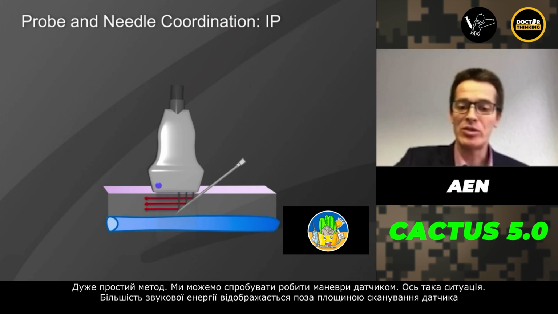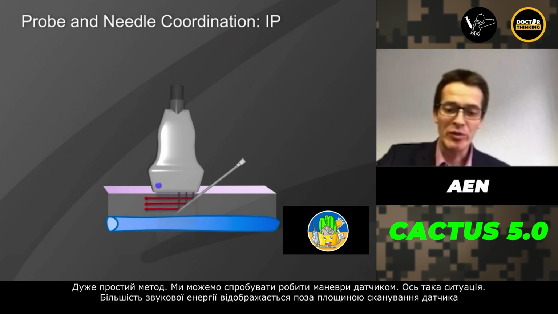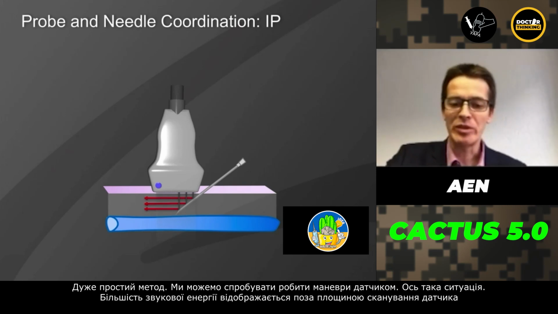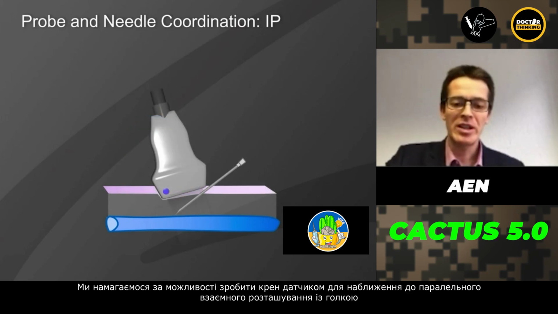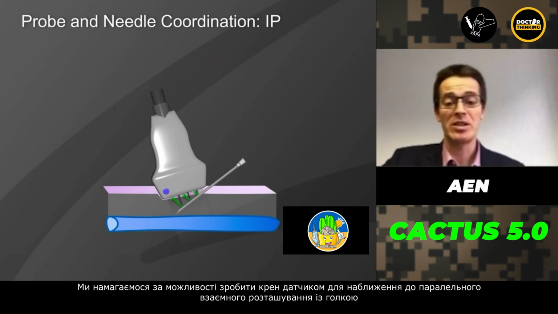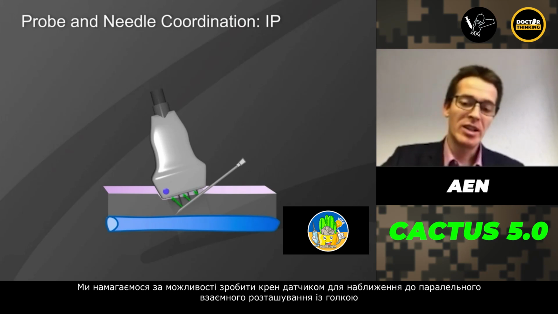This is the situation: most of the sound energy is being reflected away from the probe. So whenever it is possible anatomically, we slightly put emphasis on one corner of the probe to have a more parallel course of the needle in relation to the footprint, and hence we get better sound reflection.